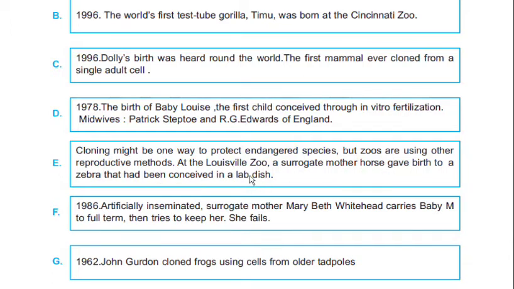At the Louisville Zoo, a surrogate mother horse, as you can see, we can use surrogate mothers for animals too, gave birth to a zebra that had been conceived in a lab dish. Everything happened artificially.